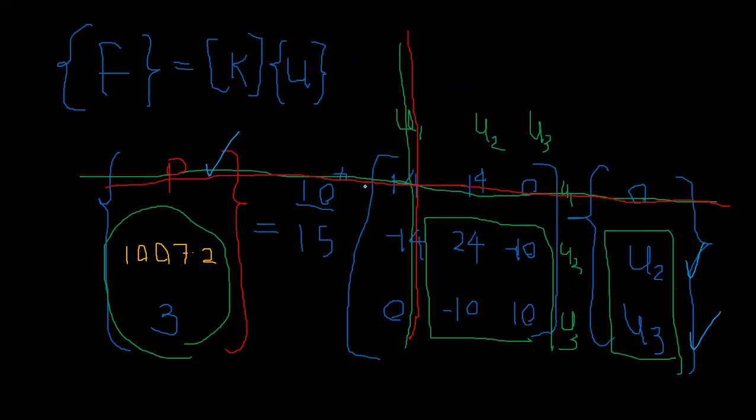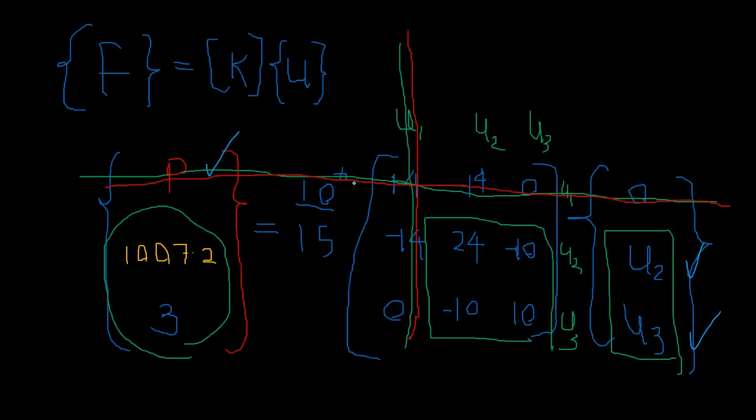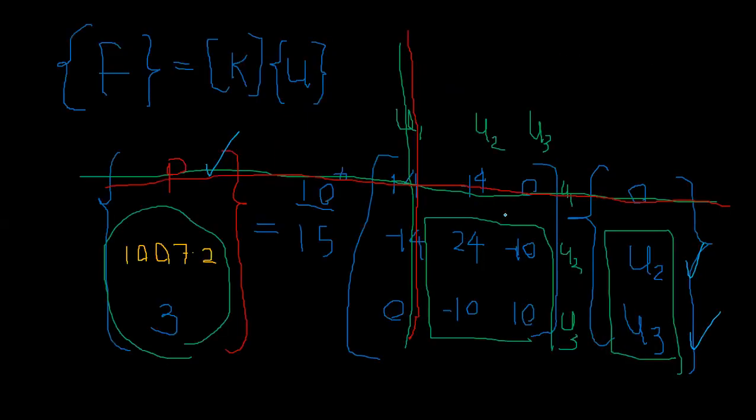Or else you can write taking first row equal to 10 to the power 6 over 15, 14, 0, 14 U2 plus 0 into U3. So that's going to be 10 to the power 6 over 14, 15. So this is 0. This is minus 14. Remember minus 14 into U2 and minus 6, okay, 0. This is multiplication.